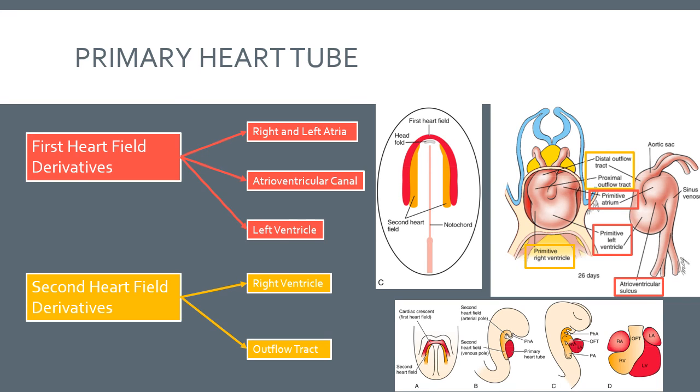The second heart field produces the right ventricle and the outflow tracts. And so actually, I've got them highlighted on the upper diagram here, but if you look in the bottom one, and this of course all comes from your book, they've got it color-coded the same way that I have here, and you can actually see in the final arrangement of the heart that the second heart field contributes to a fairly significant portion of the final heart.